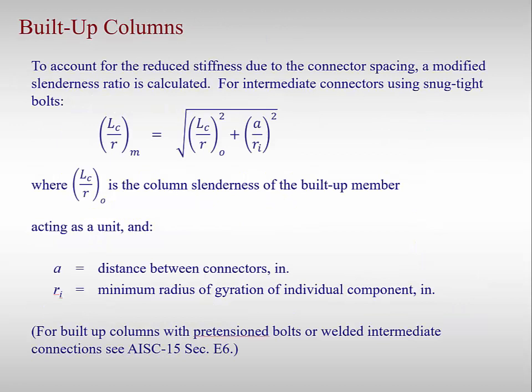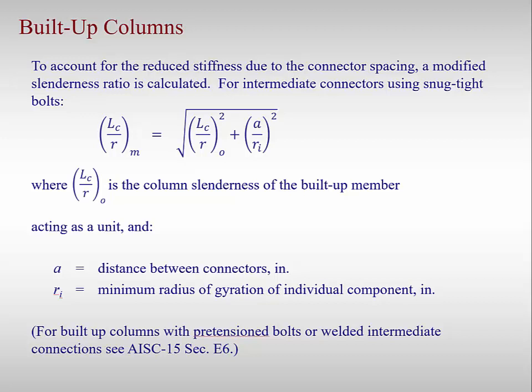To account for the reduced stiffness due to the connector spacing, a modified slenderness ratio is calculated by the equation given in the slide, which is equation E6-1. The result is an increase in the slenderness ratio, which reduces the buckling capacity.